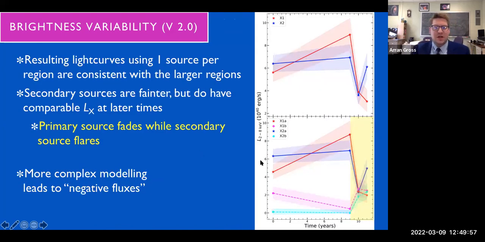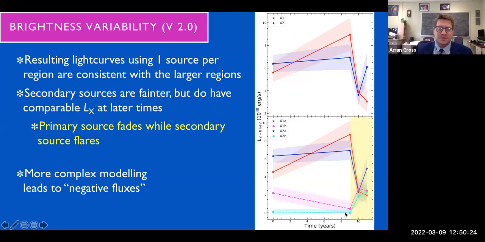Doing the same sort of flux modeling, this is similar to the one that I showed before for just X1 in red and X2 in blue. But now let's split it into a primary and secondary component, X1A in red and X1B in pink, which hopefully is similar enough in color. And we see a similar pattern with the primary sources where they kind of brighten a little bit and then they dim.